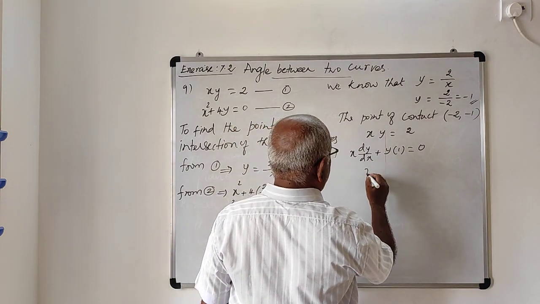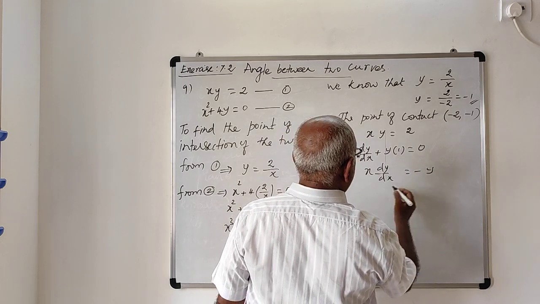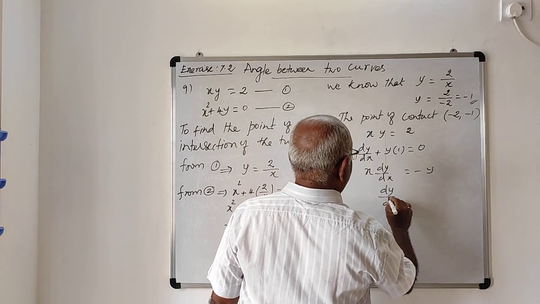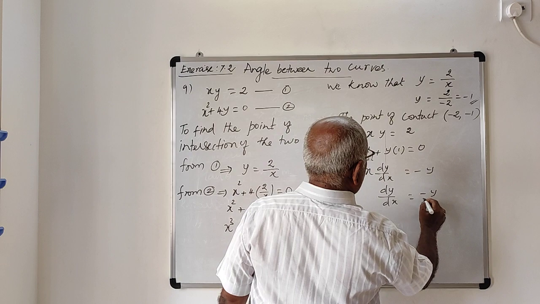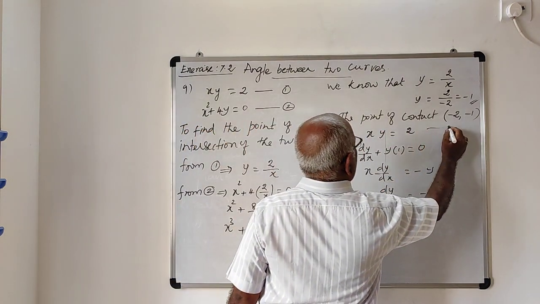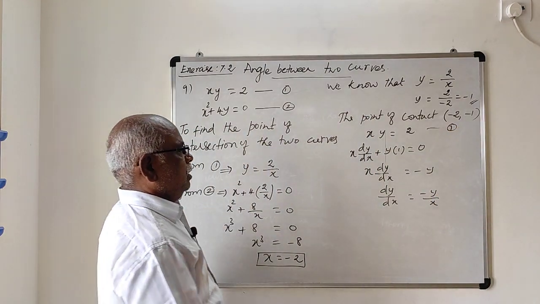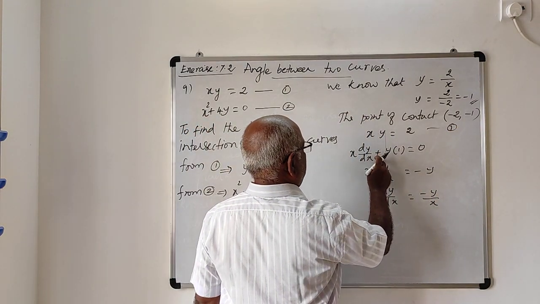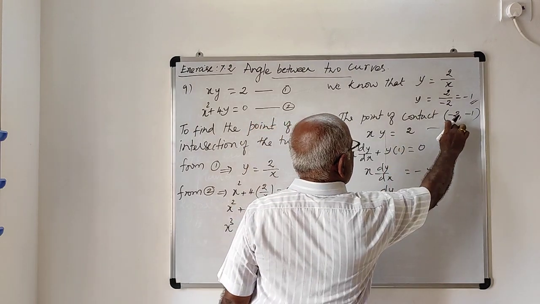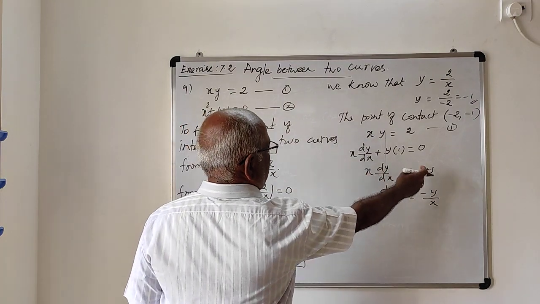Therefore, dy by dx is minus y by x. I am differentiating the first curve. You have to find out the slope of the tangent for the first curve.